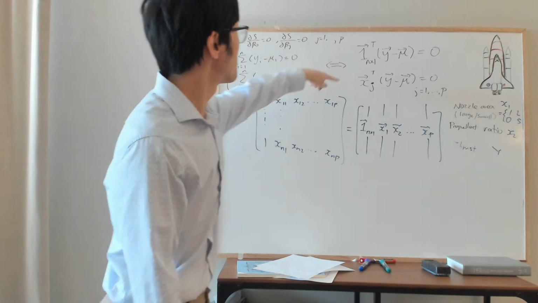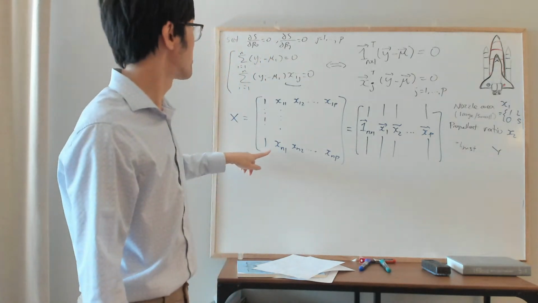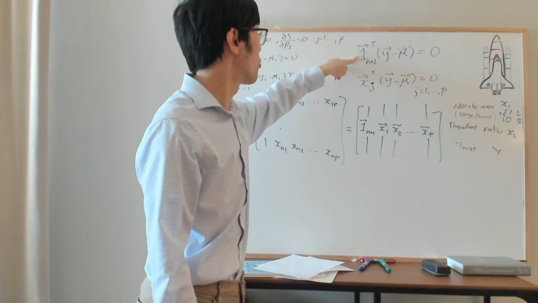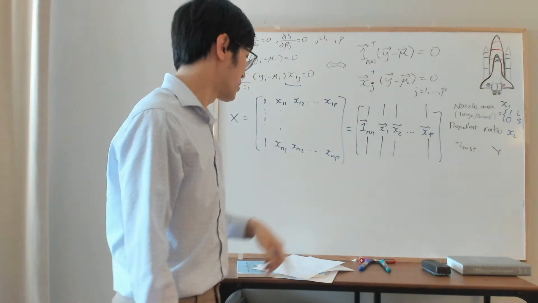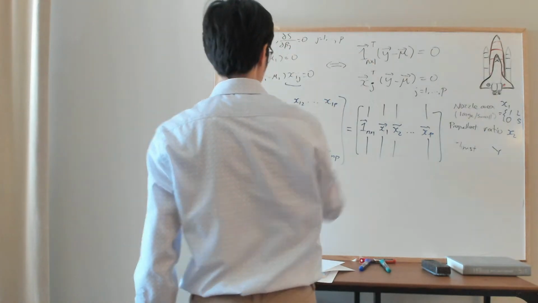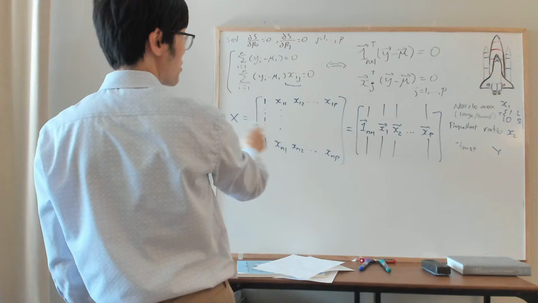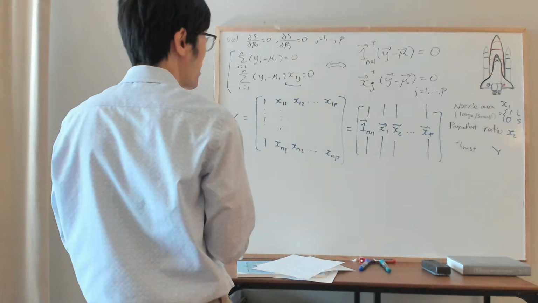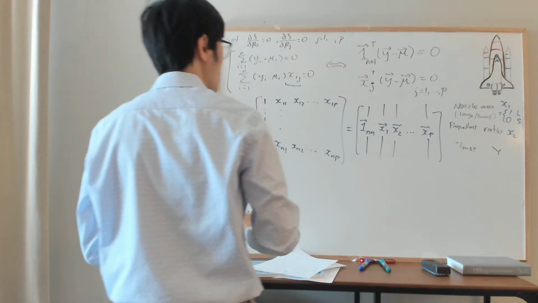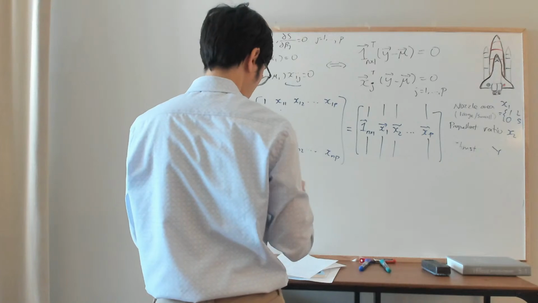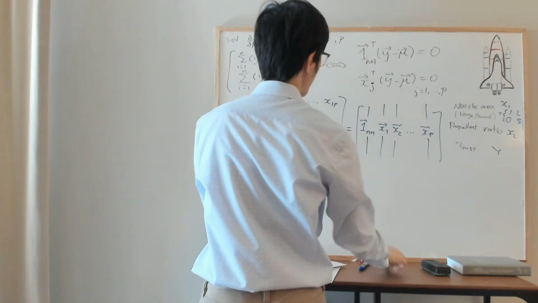So you can think of the X matrix as capturing the ones and then all the x's. We can compact all of this together, observing that the matrix X has all of the corresponding columns, so we can write the entire thing as a matrix multiplication, combining these p plus 1 equations.